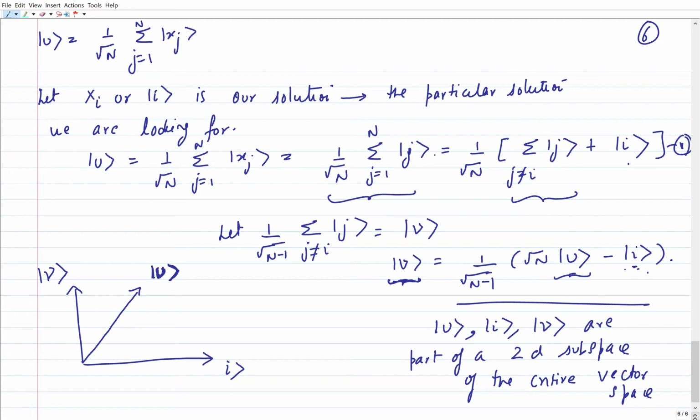Now, essentially, the Grover search algorithm is rather simple. It is the journey of this vector U starting from an initial position, tick, tick, tick, so that it aligns as close to I as possible. Once this vector U aligns with I, we would have found the solution. So this is at time t equals 0. As quantum mechanics involves unitary operators, I'm going to design a quantum circuit or quantum algorithm which is going to take U as close to I as possible.